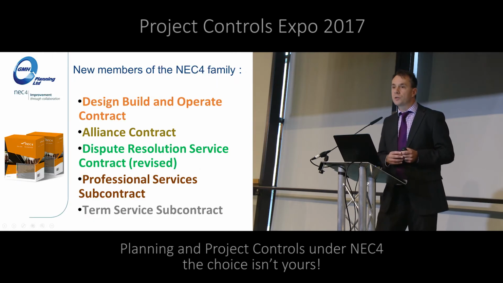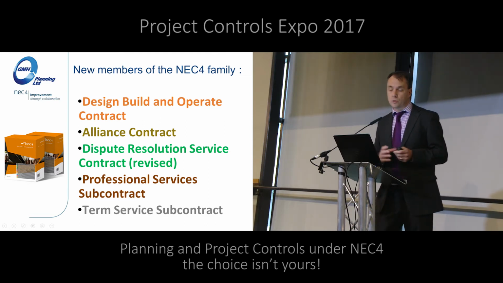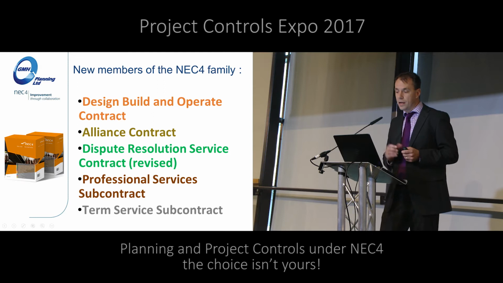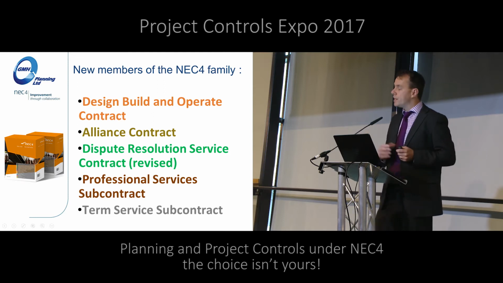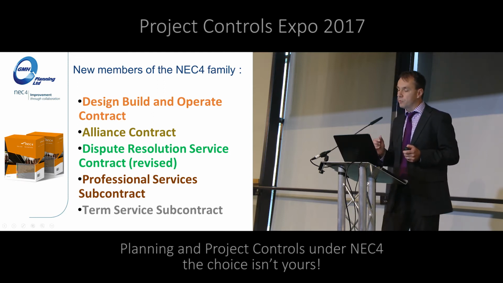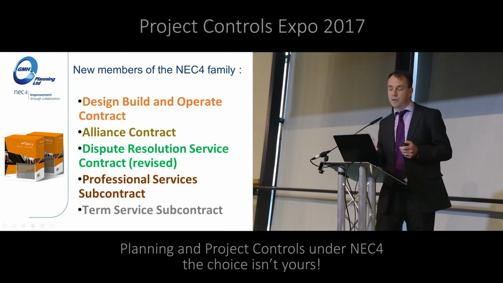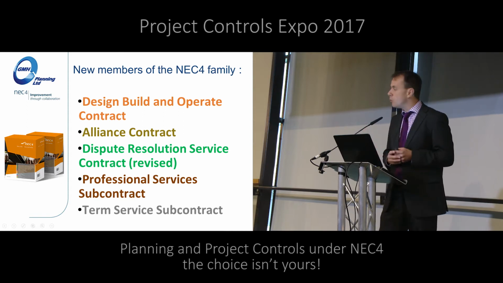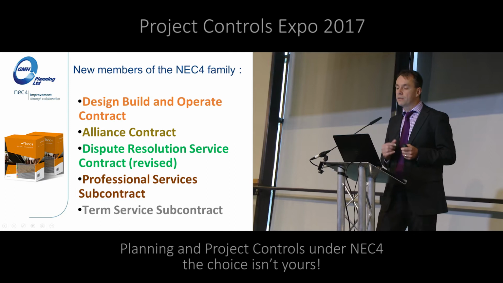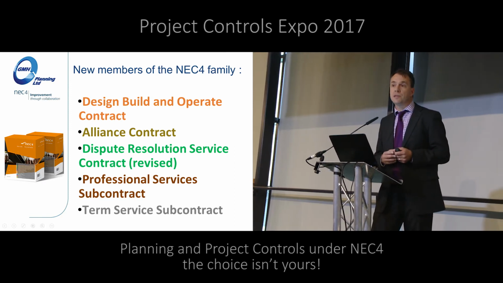Some of you might have caught Ben Walker's presentation on NEC4 earlier, which I'm sure was very good, and he would have given you a wider overview, but I'm going to be focusing much more on the planning aspects. But just a wider view, there are two new contracts now within the NEC4.